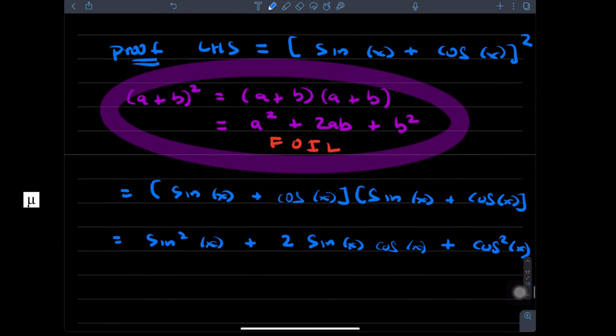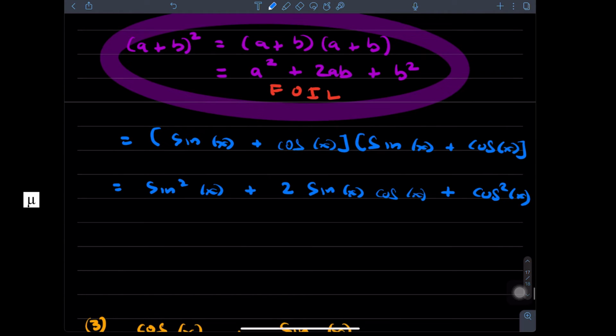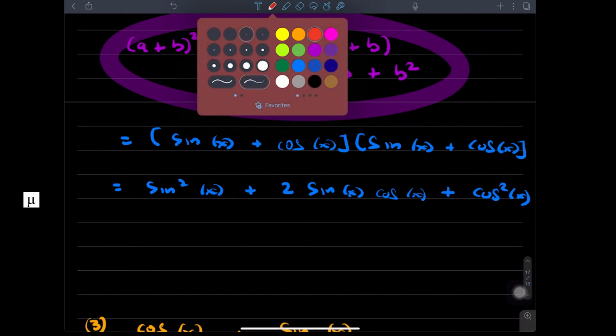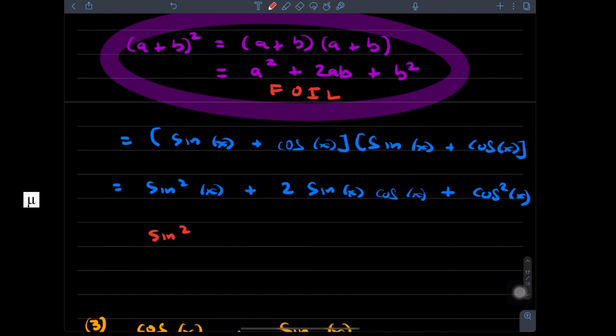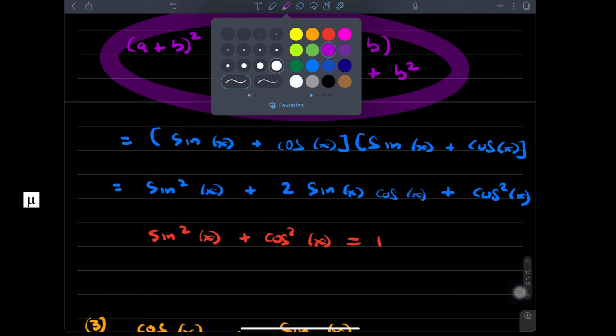So then now, ladies and gentlemen, what do you guys know here? Remember this fact? Sine squared plus cosine squared equals 1.